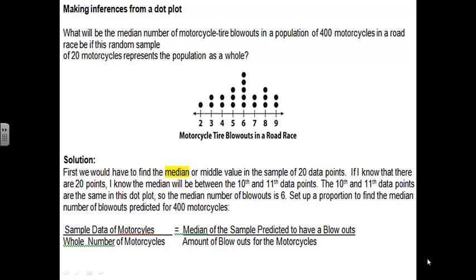So we can set up a proportion, and that's the second way that we can make inferences, to find the median number of blowouts predicted for the 400 motorcycles. So the proportion would be the sample data of motorcycles, our 20, over all of the motorcycles, and that would equal the median of the sample predicted to have a blowout over the amount of blowouts for the motorcycles.